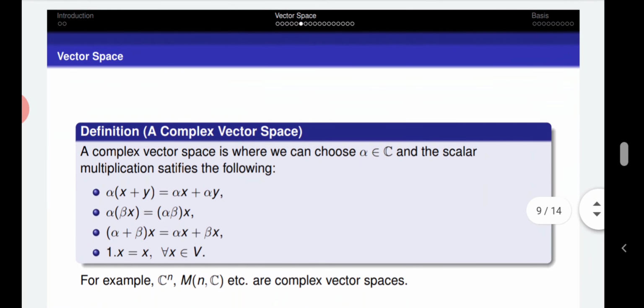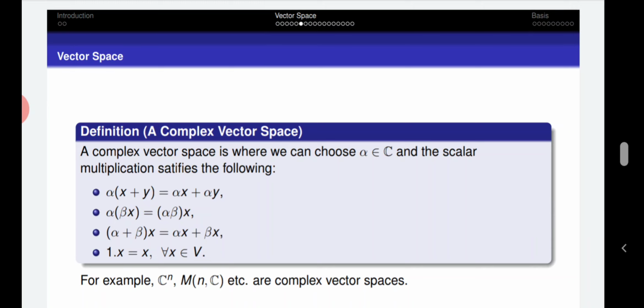Now, after the definition of a real vector space, we have to understand the complex vector space. The definition is as follows: a complex vector space is one where we can choose alpha belongs to C and the scalar multiplication satisfies the following: alpha of (x plus y) is equal to alpha x plus alpha y.